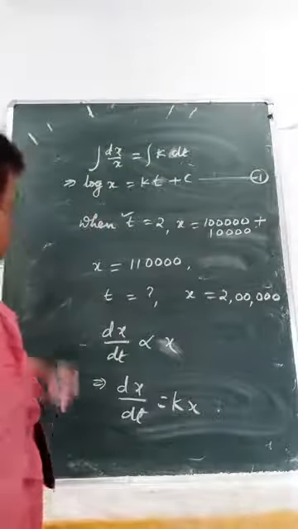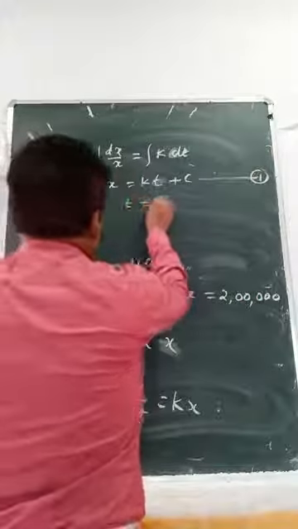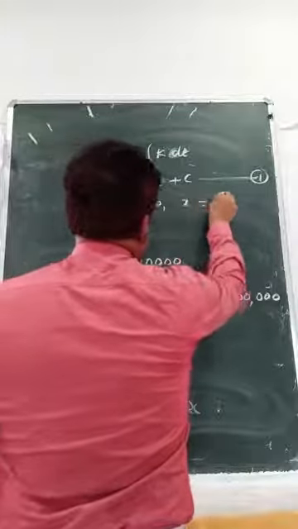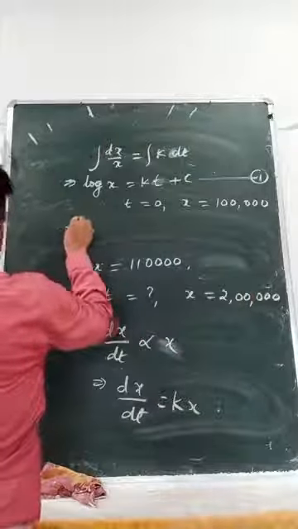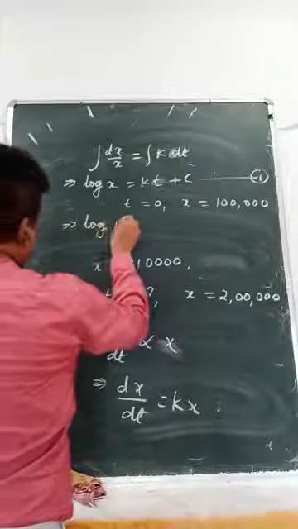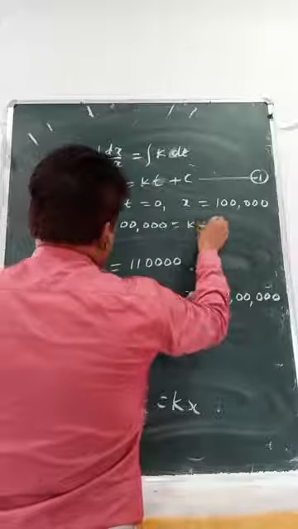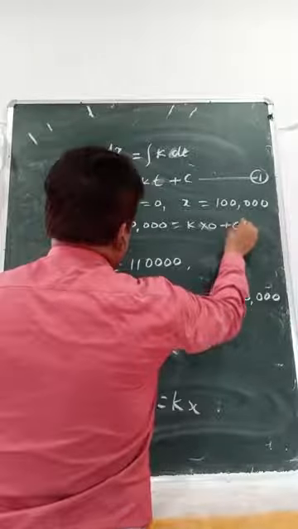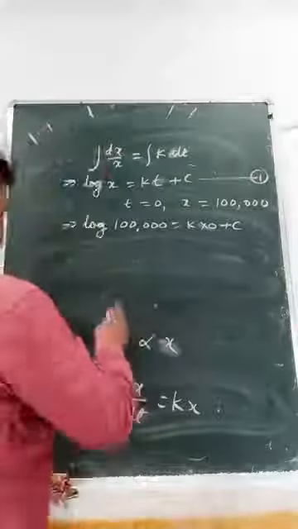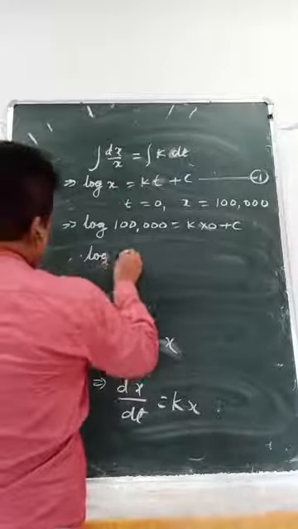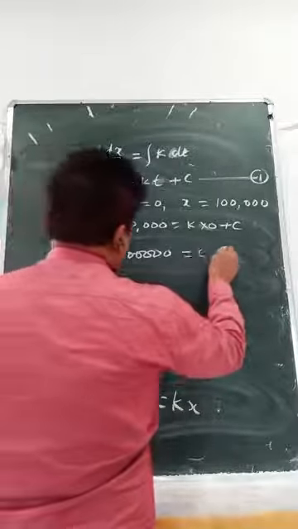Initially time is 0, x is 1 lakh. Put here log 1 lakh equals k into 0 plus c. So what did you get? Log 1 lakh equals c.